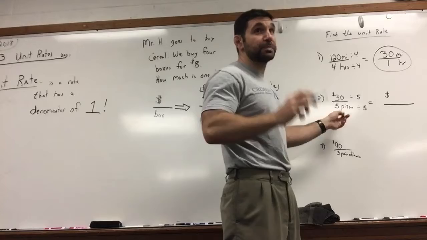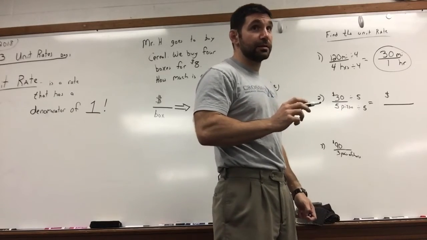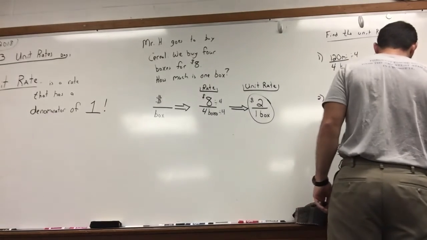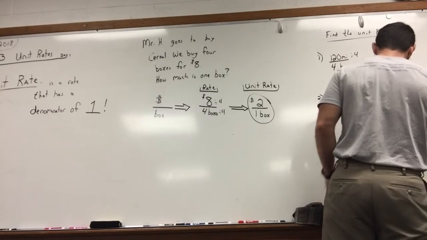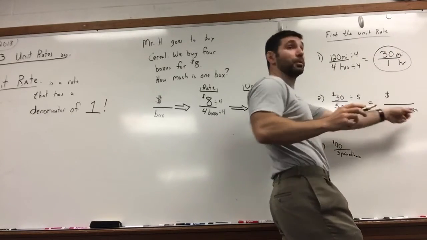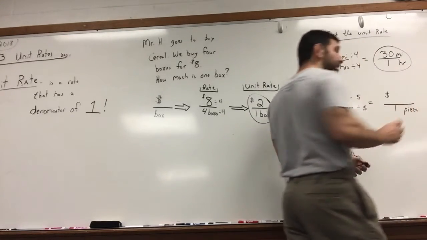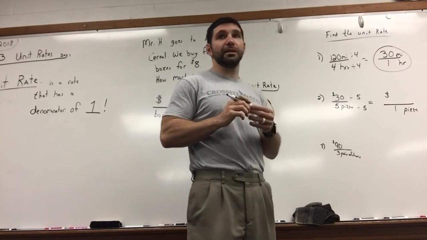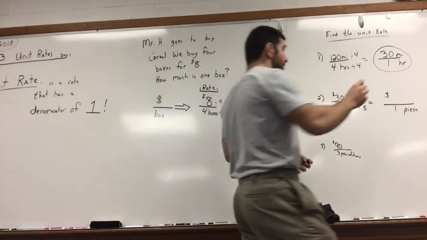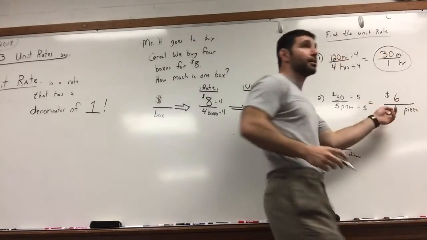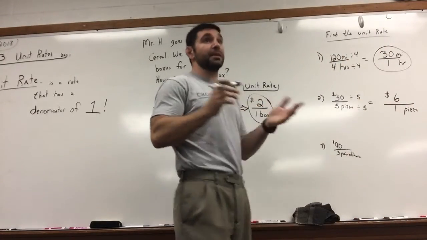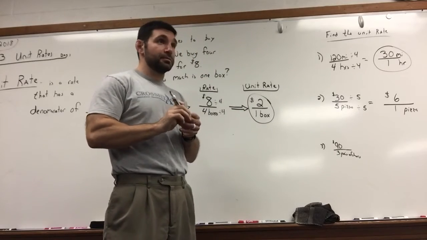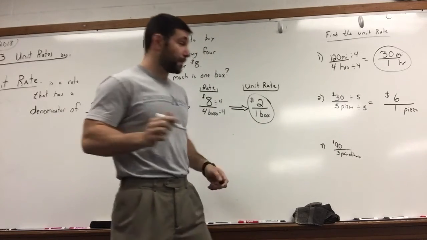If the denominator was pizzas, what's it going to be, Renee? Pizzas. But because we always need the denominator to be 1, I'm just going to put pizza, because it's 1 pizza. And how much is that pizza going to cost? $6. So I would say $6 for every 1 pizza. $6 per pizza. Everybody still with me?